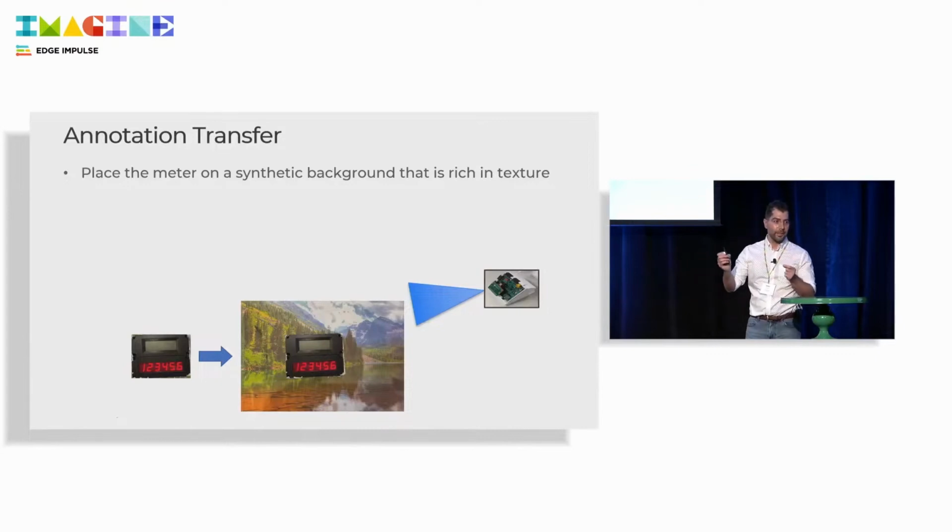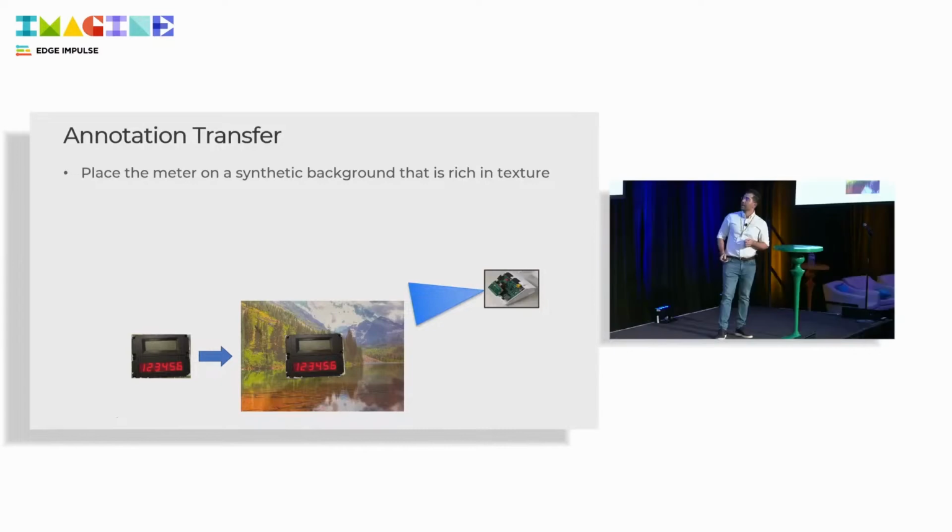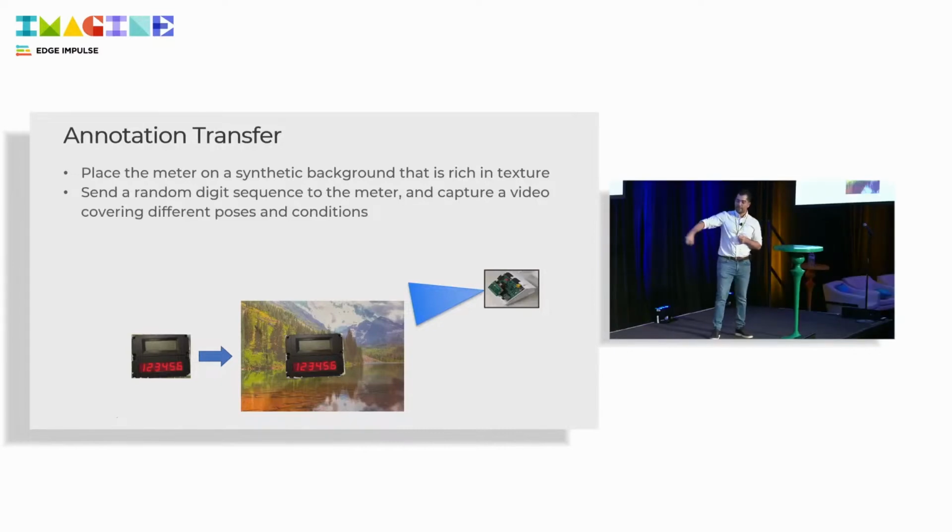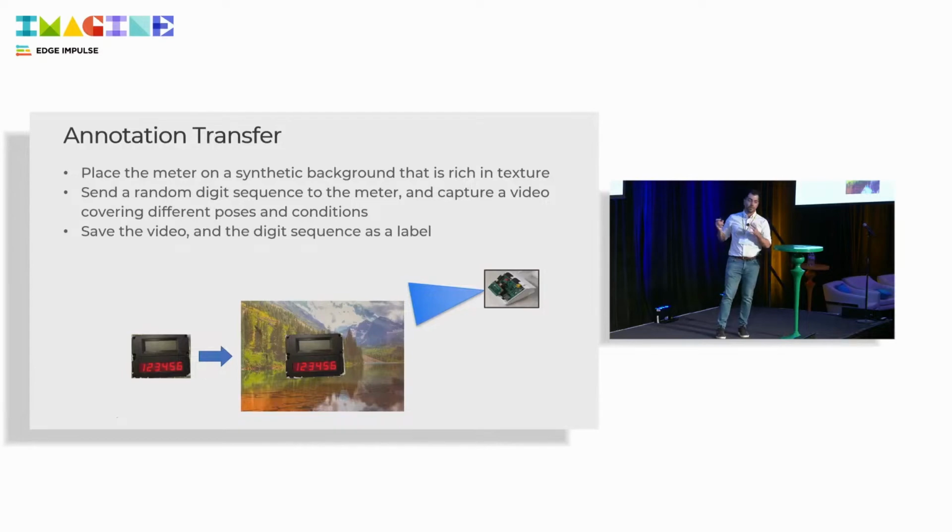If you want something with synthetic interest points, that works too. And then we send a random digit sequence to the meter, and then take the camera and move it around in different poses and distances, and save that video and the digit sequence as a label for this video.